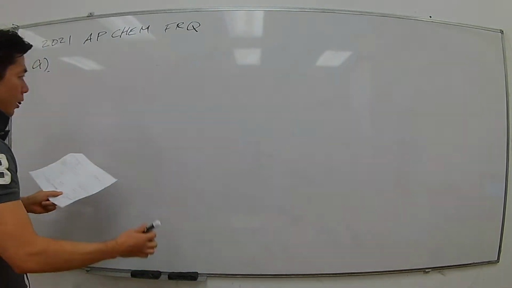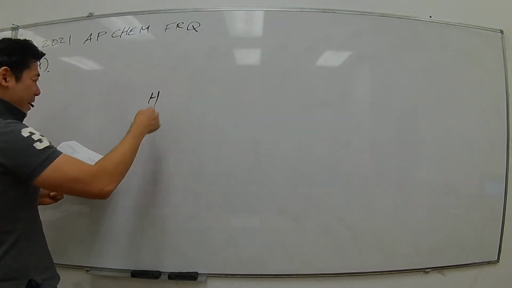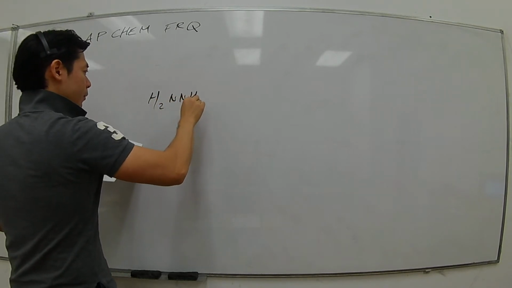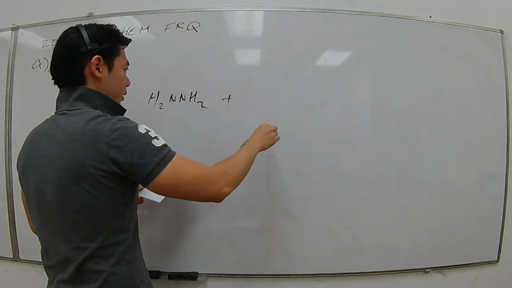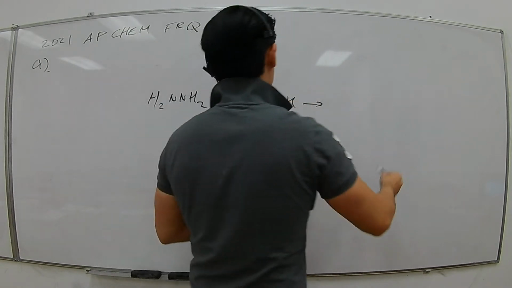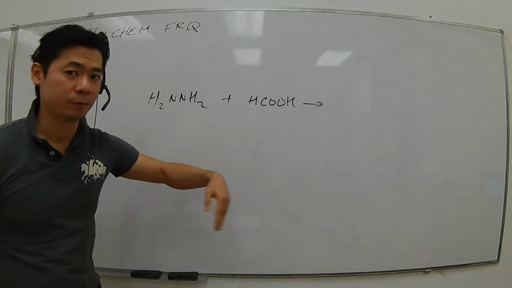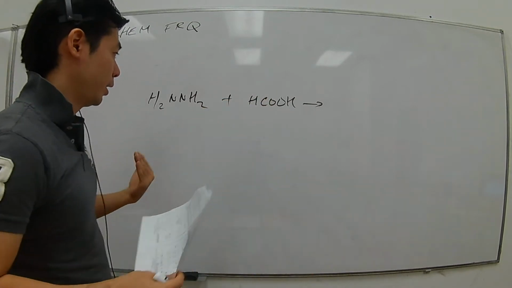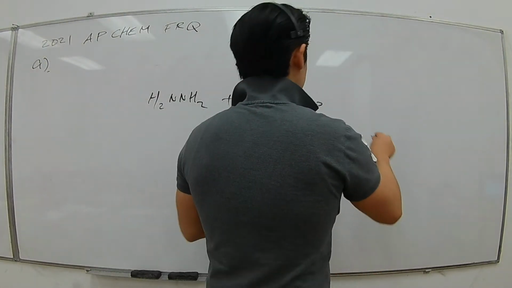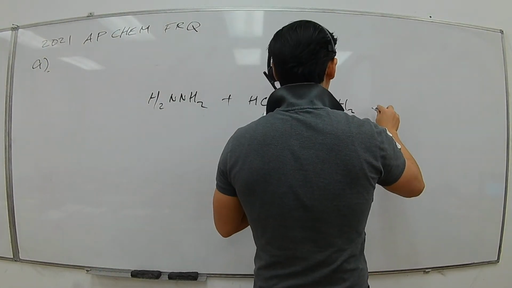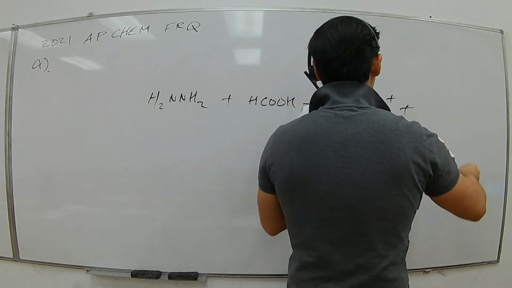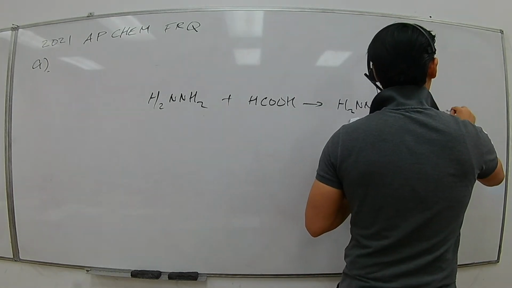So the equation goes, guys, okay? So this is an acid and base reaction, by the way. So this is reacting with the acid, turning into, so basically what will happen is, the acid will give off an H+, and the base will take it. So this is actually a Brønsted acid-base reaction. So this will turn into H2NNH3+ and HCOO minus.